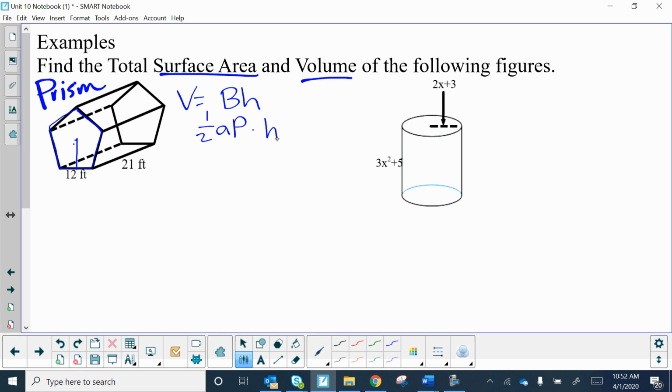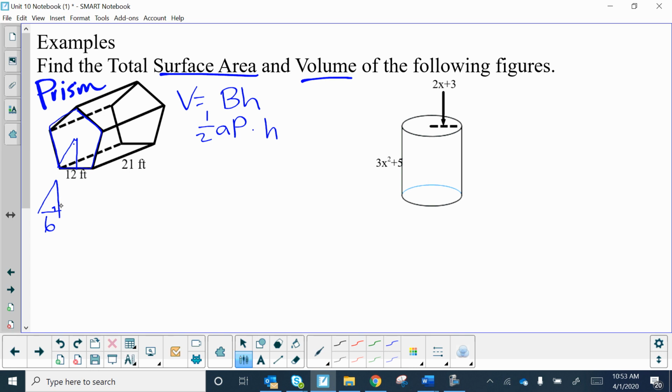So how do I figure out the apothem? Well, remember we have to draw in our right triangle and figure that out. So this little piece down here, I'm going to just redraw this. This is 6. This is a right triangle, and we have to figure out one of the angle measures. To figure out the total number of degrees in a pentagon, I take 3 times 180. 3 is 2 less than however many sides there are.